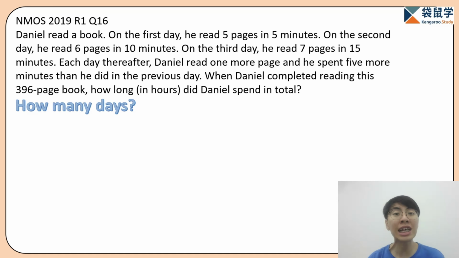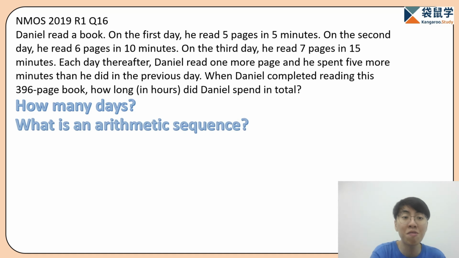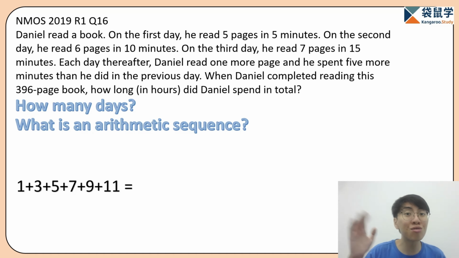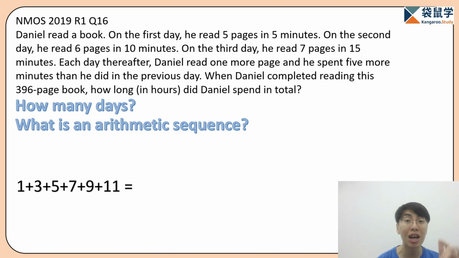But first, let's think about what is an arithmetic sequence. This slide recaps that an arithmetic sequence is a sequence of numbers where the difference between consecutive terms is the same. One example of it, 1 plus 3 plus 5 plus 7 plus 9 plus 11.